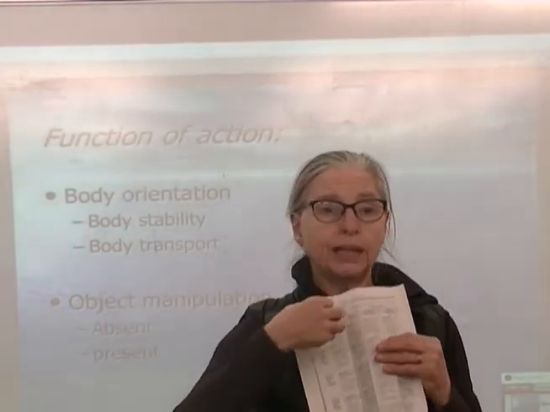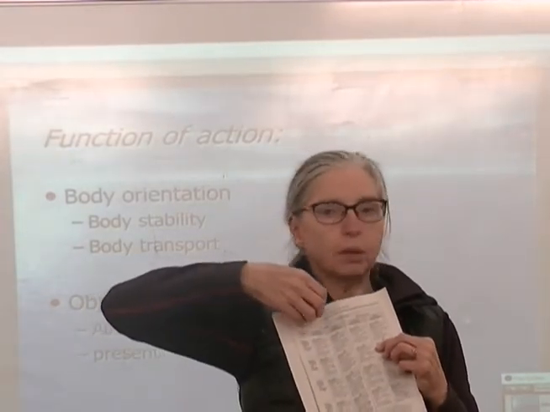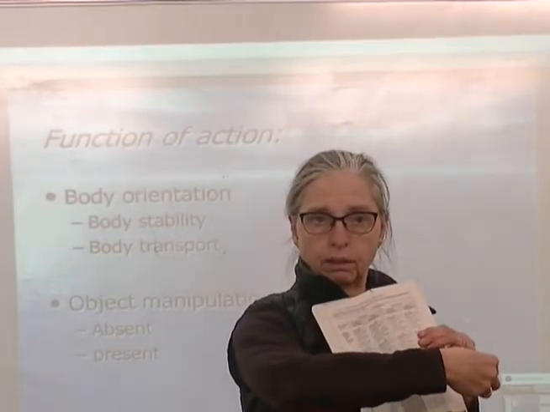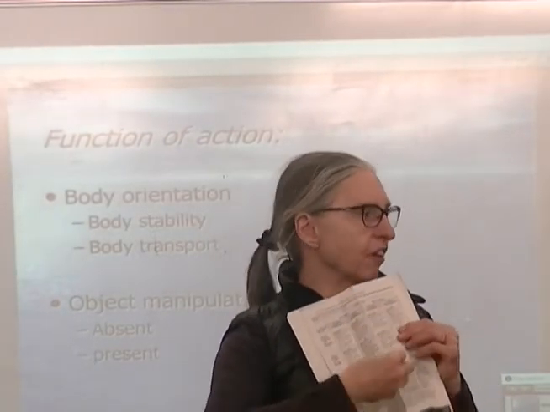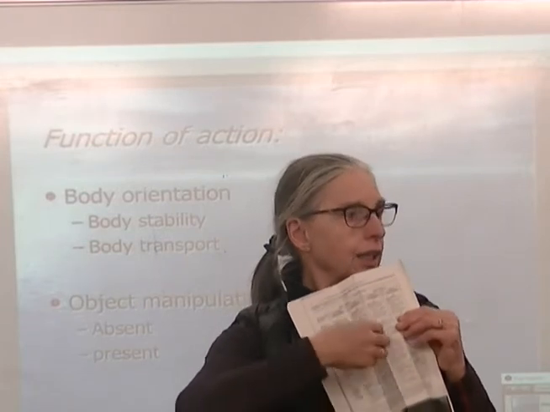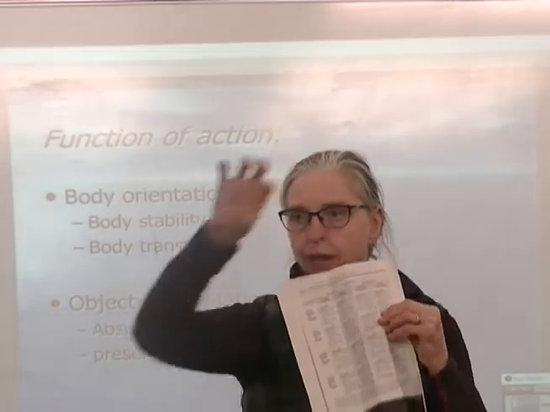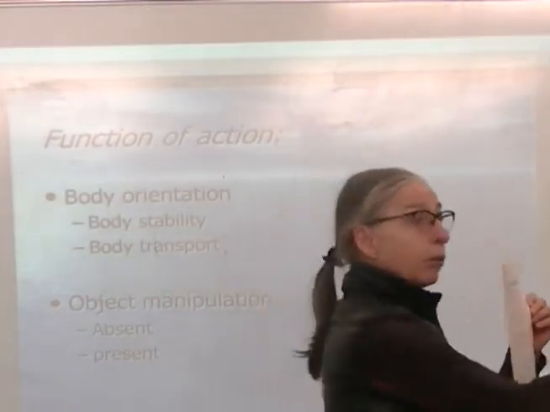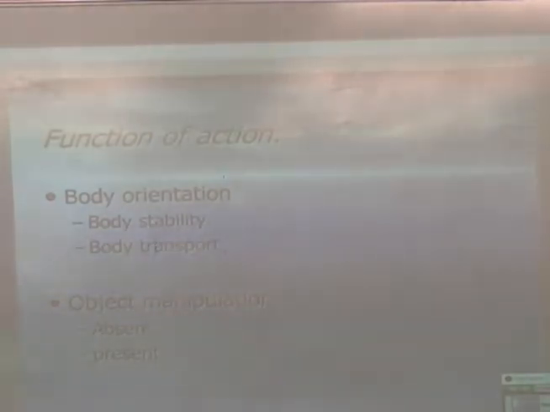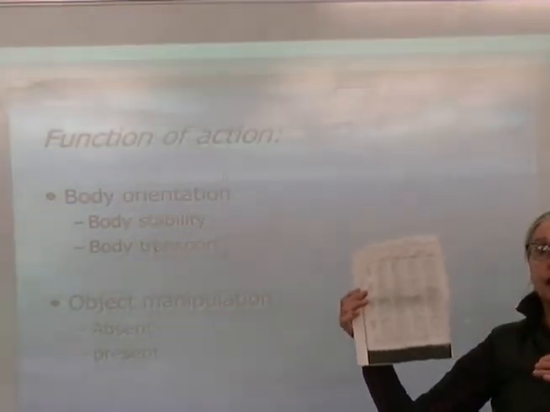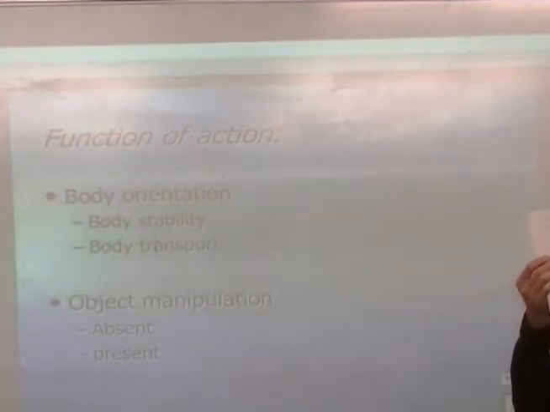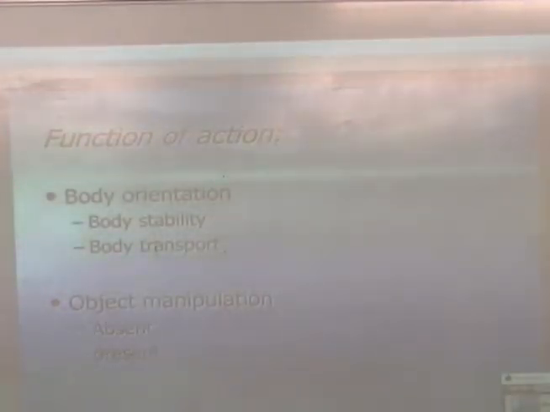So once I've placed my skill, I can progress that skill by moving it down and to the right. If I can come up with versions that match boxes down and to the right, I can make it more and more complicated as the individual gets better and better at the skill. So I can use it to create developmentally appropriate progressions, or I can use it to identify a skill so that I know the best way to teach it.